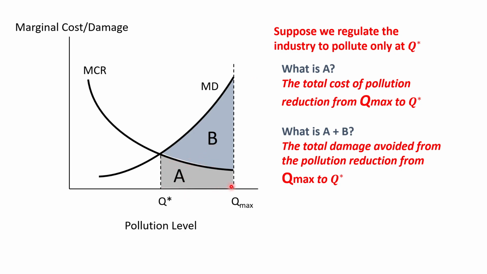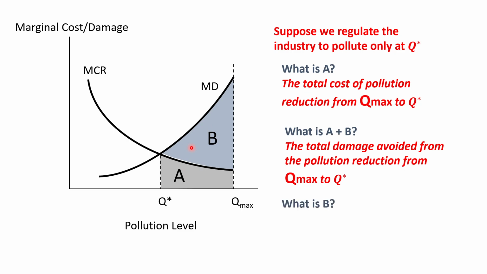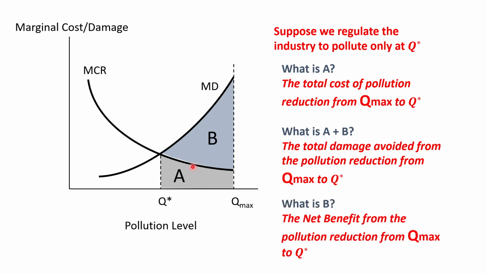So the pollution here is no longer happening, and this total area on the bottom is the total damage avoided. Then what is B? You take the difference between the two, and B is the net benefit from the pollution reduction from Q max to Q star. At Q star, B is maximized. The net benefit from pollution reduction is maximized.